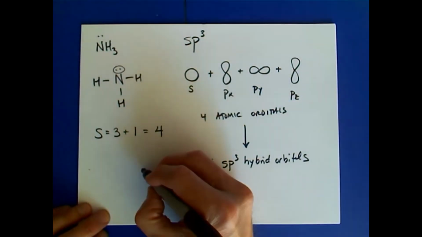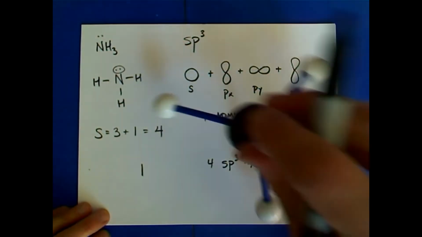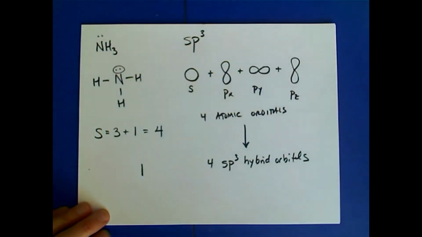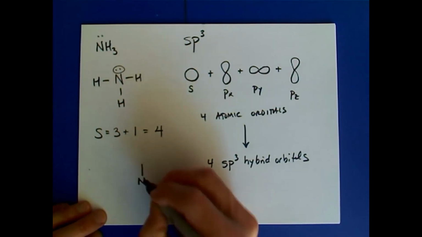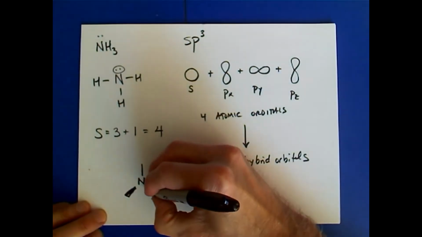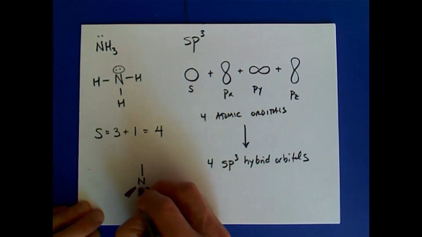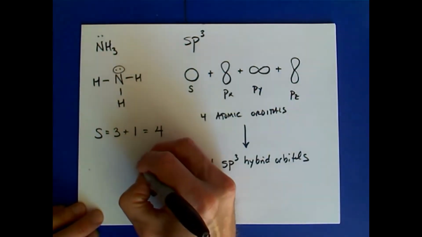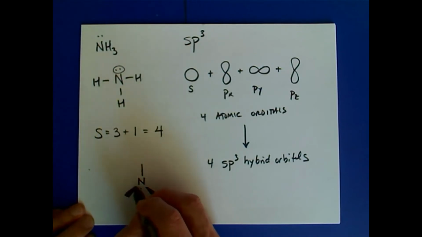And I'm going to use our method of drawing in the plane because I really need to try to draw this 3-dimensional structure. So I'm going to have my central nitrogen, and then there are going to be 2 pairs of electrons coming out of the plane of the paper toward you, 1 going back behind you, and then 1 in the plane of the paper with the nitrogen. And in this case, those lobes are going to go like this.